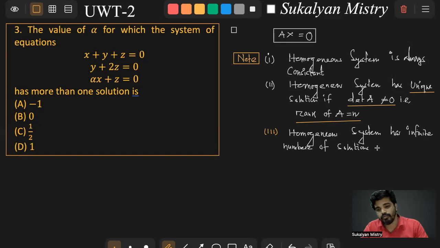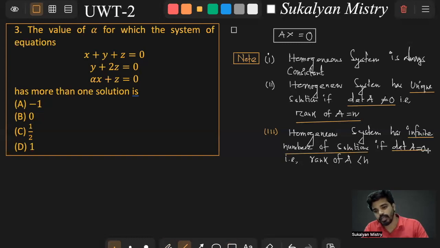If determinant A is equal to 0, that means rank of the coefficient matrix A is less than n. So infinite number of solutions if determinant A is equal to 0. If determinant A is equal to 0, that means rank of the matrix is less than n. So these are the 3 important points.